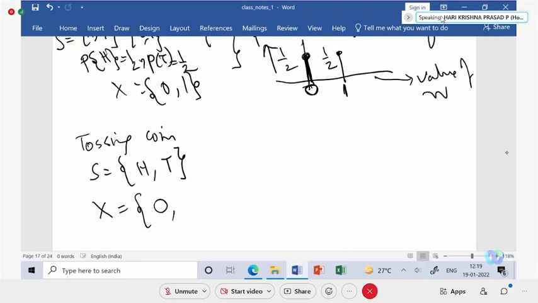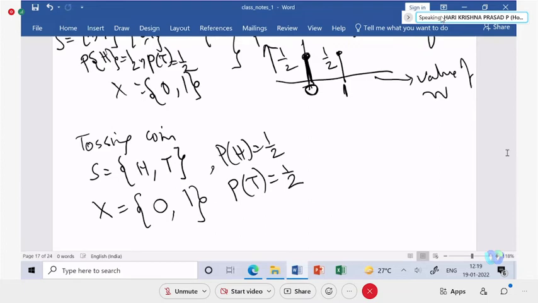Since each outcome has a specific probability, I am considering that all events are equally likely. P of H, P of T are considered from the sample space. From the concept of random variable, what I write is P of 0 as half, P of 1 as half.